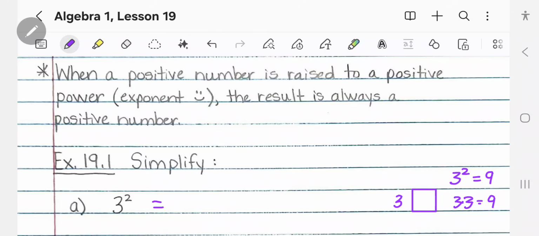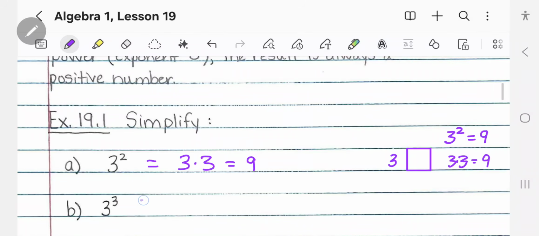That's why we call it squared, okay? So, they're not teaching you that right here. 3 squared, or 3 to the second power, would be 3 times 3, and that would equal 9. 3 is the base here.